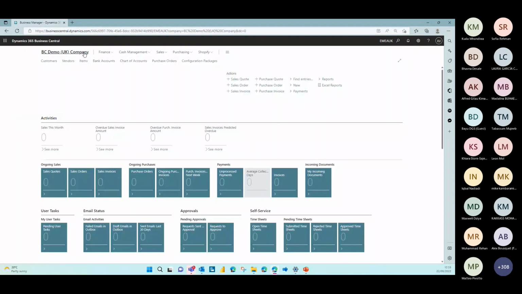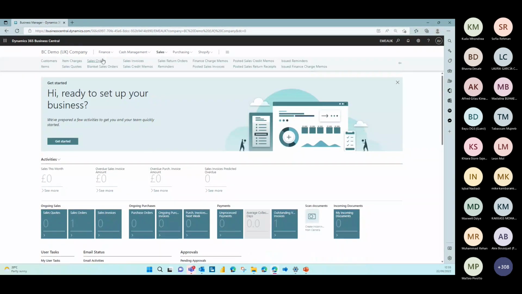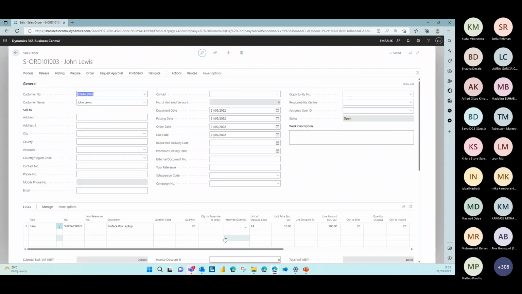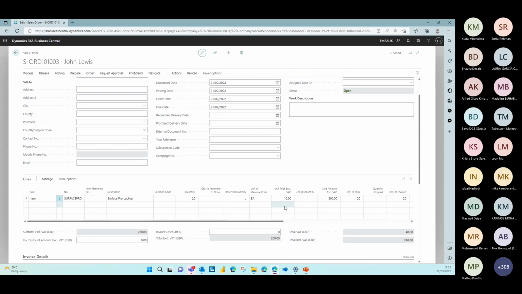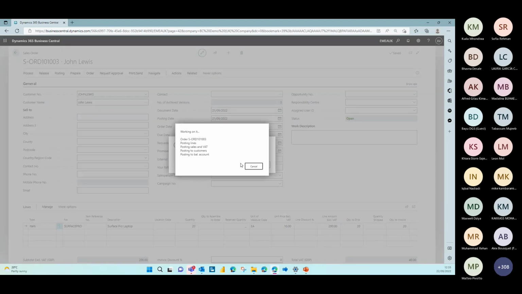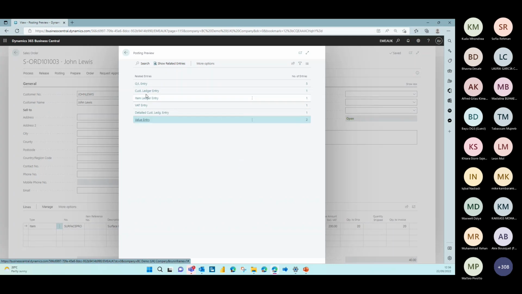Okay, let's go back and post the sales that I talked about. I've got a sale, so I've decided to sell it to John Lewis. 20, like I said, for £10 each. All right, so again, if we preview, can you see it's updated the customer subledgers, stock, and VAT again.